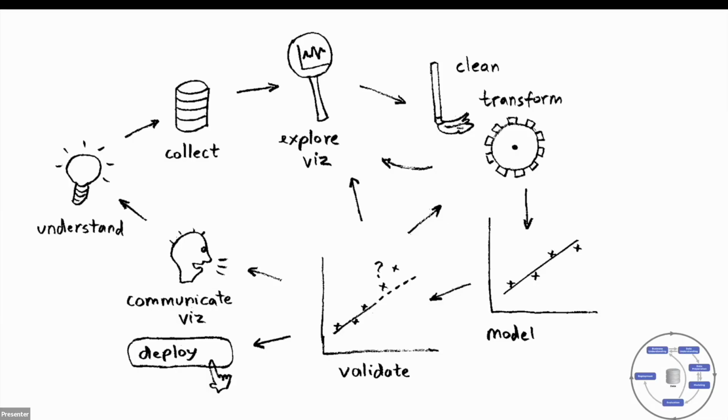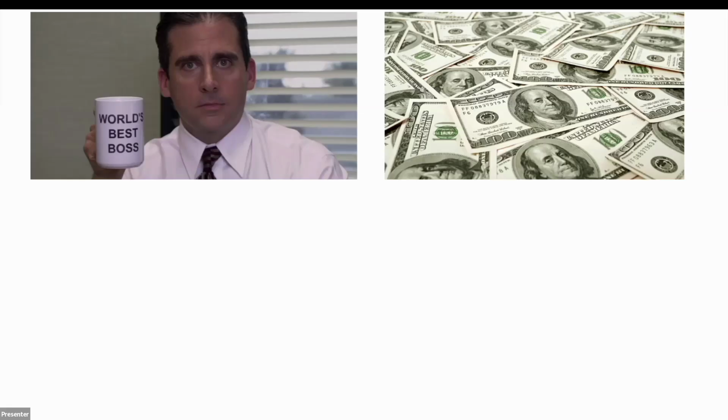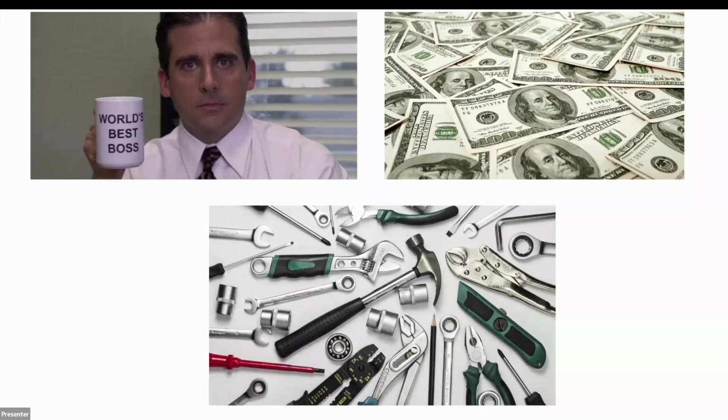And the whole process of data science is important, starting with collecting the data and exploring it, visualizing, cleaning it, and then the standard machine learning, the modeling, but also the validation and the deployment. And at the end, your boss requires you to make more money for the company you're working for, and they don't care about what tools you are using. So use the best tools for the job, whether it's gradient boosting machines or deep learning or large language models.